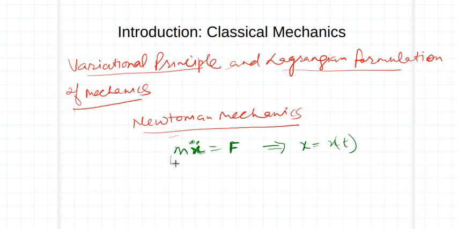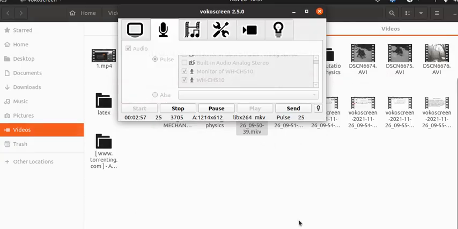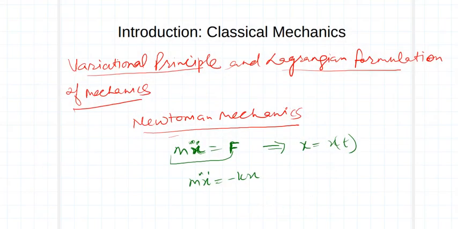And if we solve this equation for the harmonic oscillator, the force is equal to minus kx. And when we get its solution, what is it? x is equal to a naught sine kx, or it may be in the form of cos.